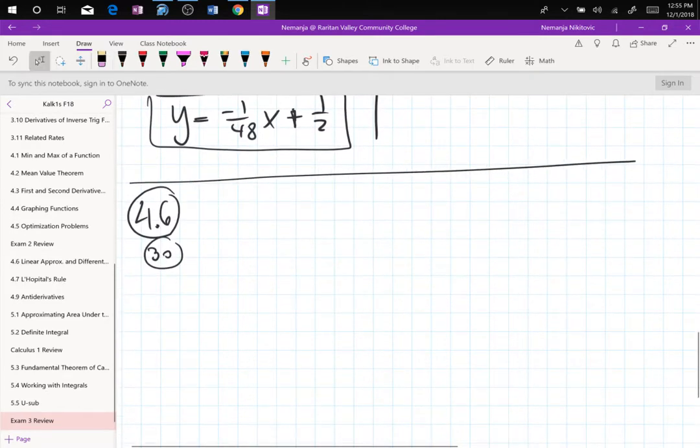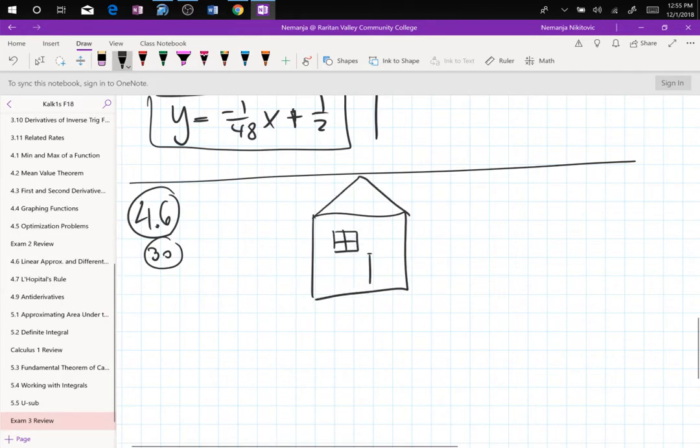And we have a situation where we have this house. And then we have a fence, which is 4 feet away. That's a side fence.